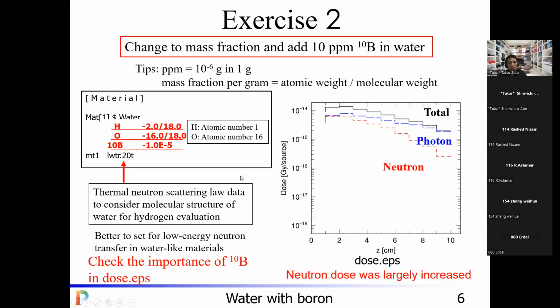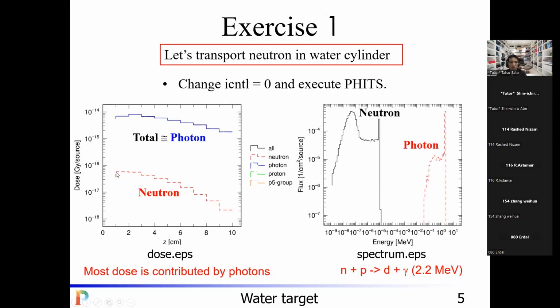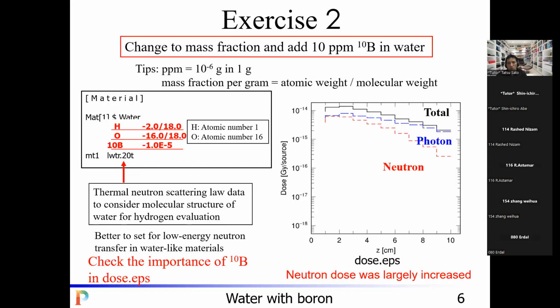Once you change this and run PHITS, you will get this dose distribution. In the previous case there was almost no neutron dose, but if you add only 10 ppm boron 10, the neutron dose increases this much.